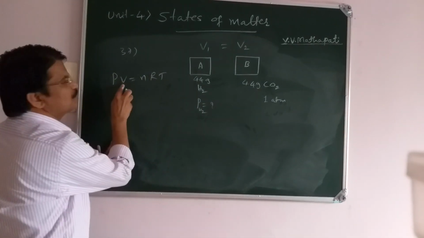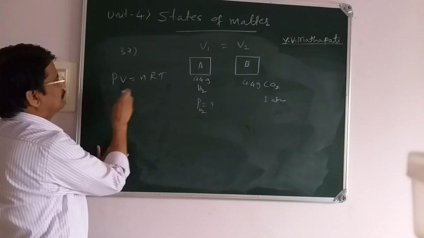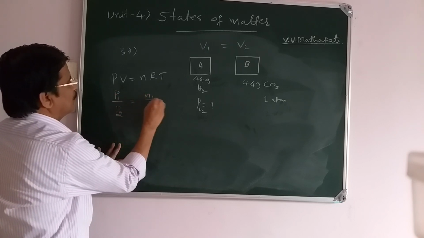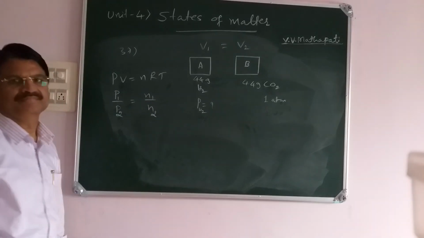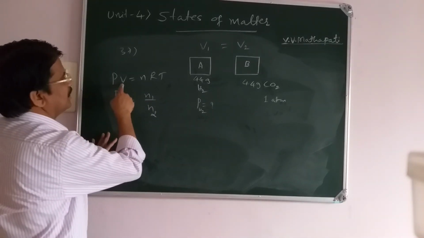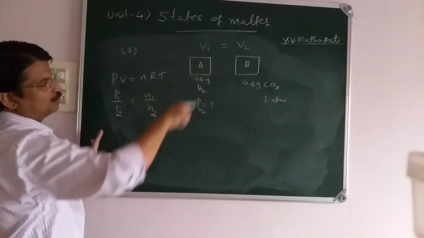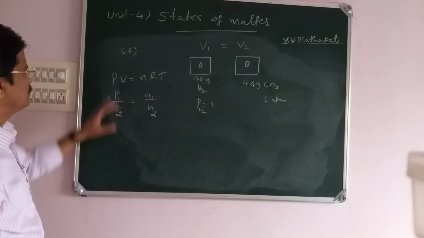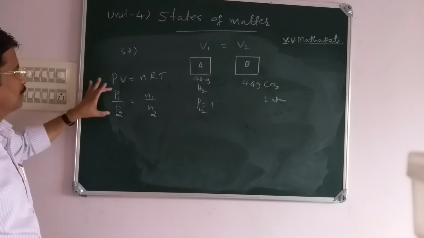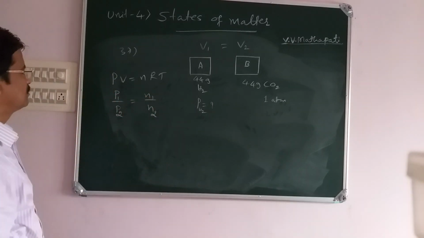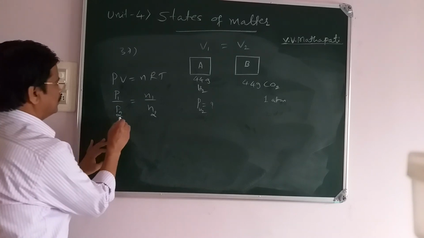Temperature same, volume same. Then P1 by P2 equal to n1 by n2. Because V same, R is same for all gases and T also same for these two cylinders. Hence, using this formula, you can derive P1 by P2 equal to n1 by n2 under two conditions. And find P2.